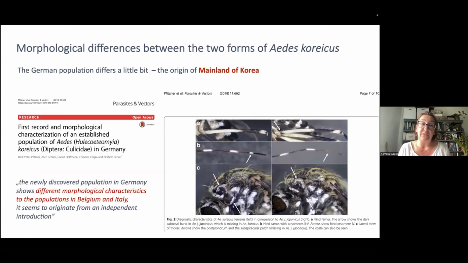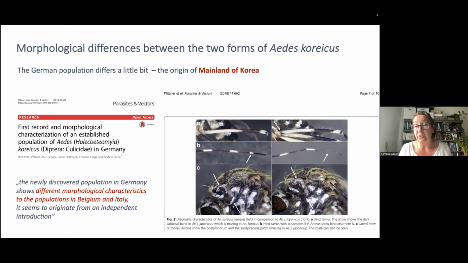And when the German colleagues also found Kornélia in Germany, based on morphology they found that this newly discovered population showed different morphological characteristics compared to the Belgian or Italian or other populations. They expected that it arrived from an independent introduction.